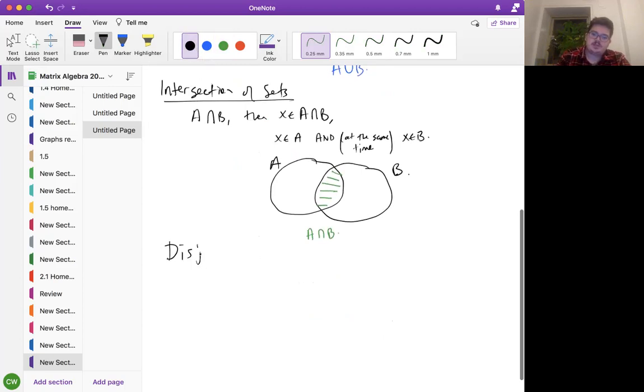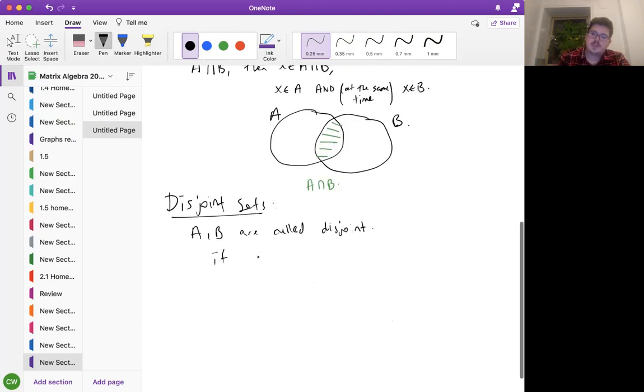Let's talk about disjoint sets. A and B are called disjoint if... does anyone know what disjoint means? Yeah, separate. What can you say about its elements? It is this idea of separation between the two.